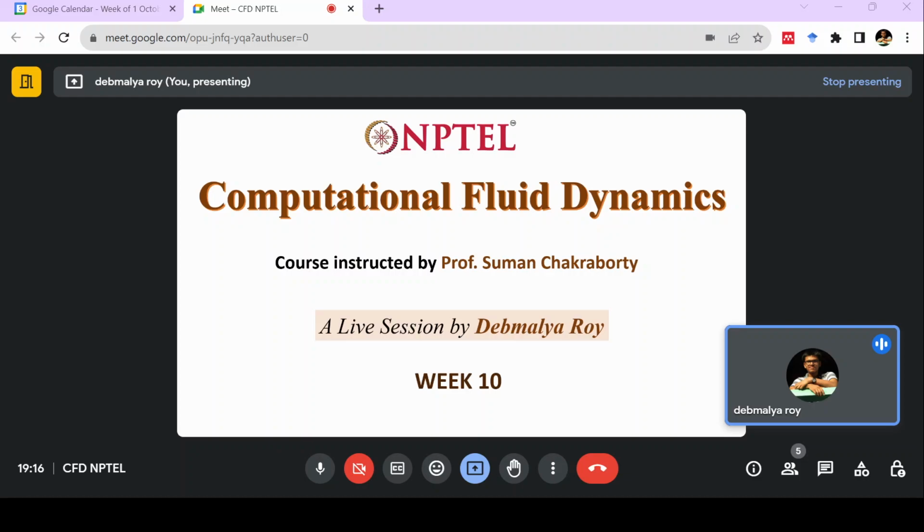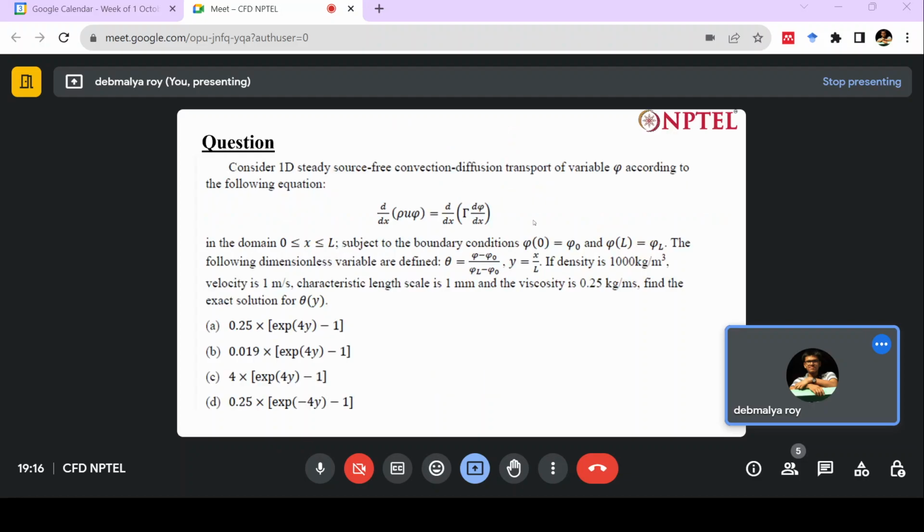Okay. So today let's start with week 10. First, we will have this 1D steady state convection diffusion equation, and we will find the exact solution.